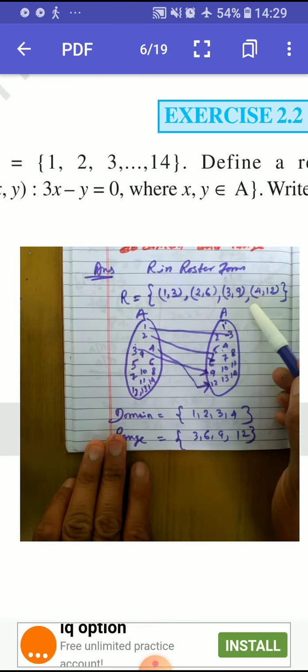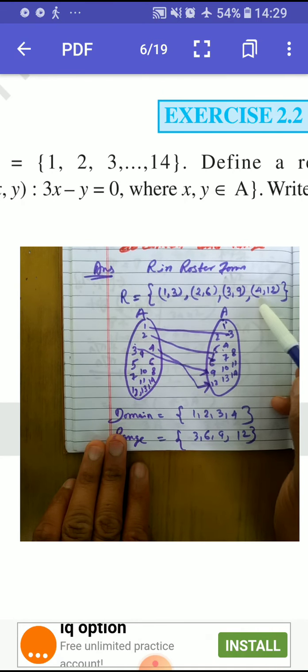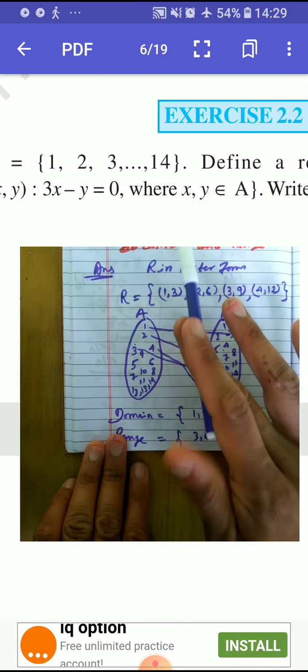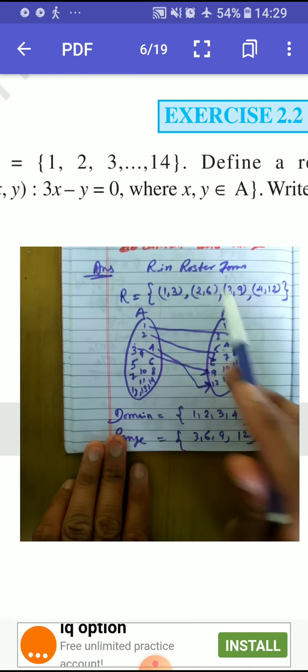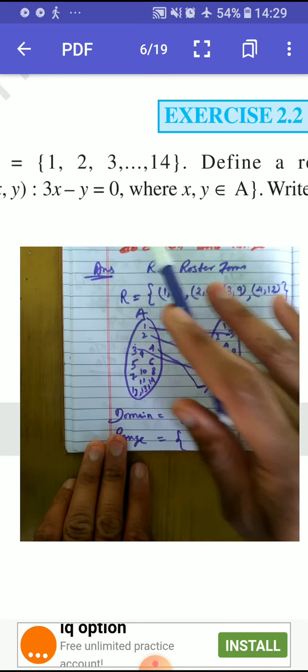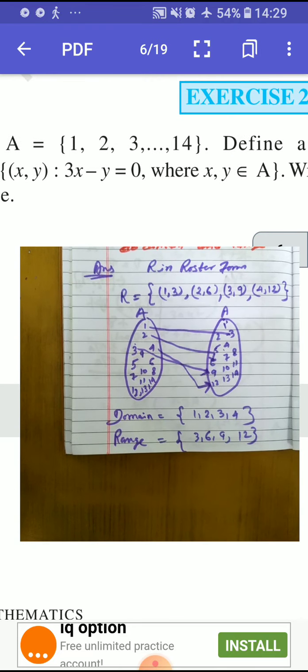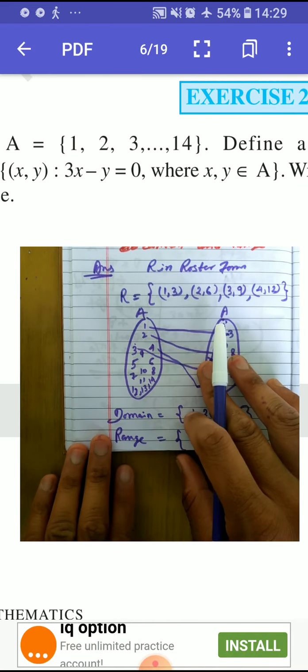If I put x equal to 3, I will get y equal to 9. If I put x equal to 4, I will get y equal to 12. If I put x equal to, let us suppose, 5, I will get y equal to 15. Since 15 is not an element of set A, the elements beyond this will not exist.